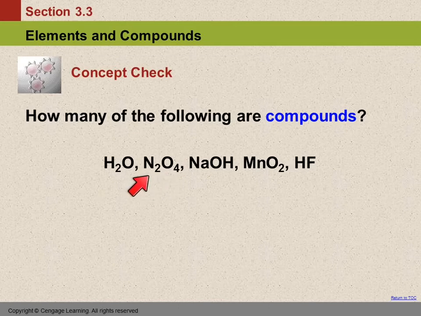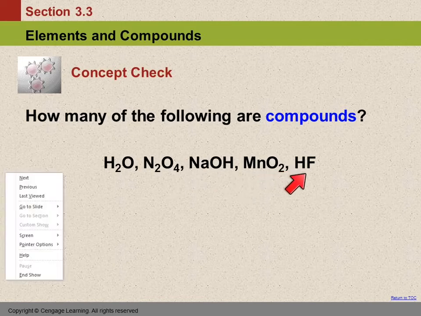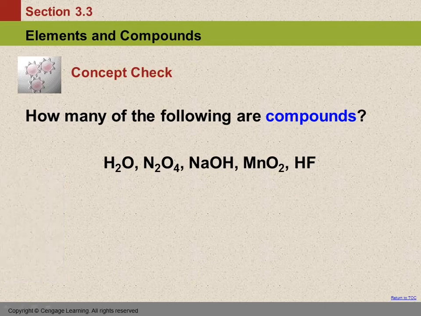Compound or element? Compound, because it's got N and O. How about NaOH? Compound. MnO2? Compound. HF? Compound. Okay, so they're all compounds, aren't they? What did I do? So 5 of them are compounds. 1, 2, 3, 4, 5. Yeah, 5. Any questions?